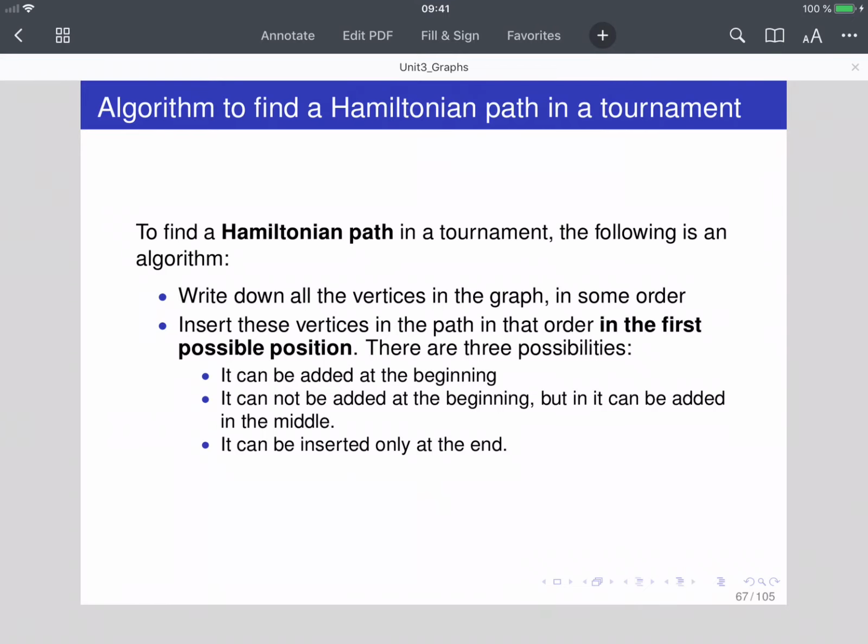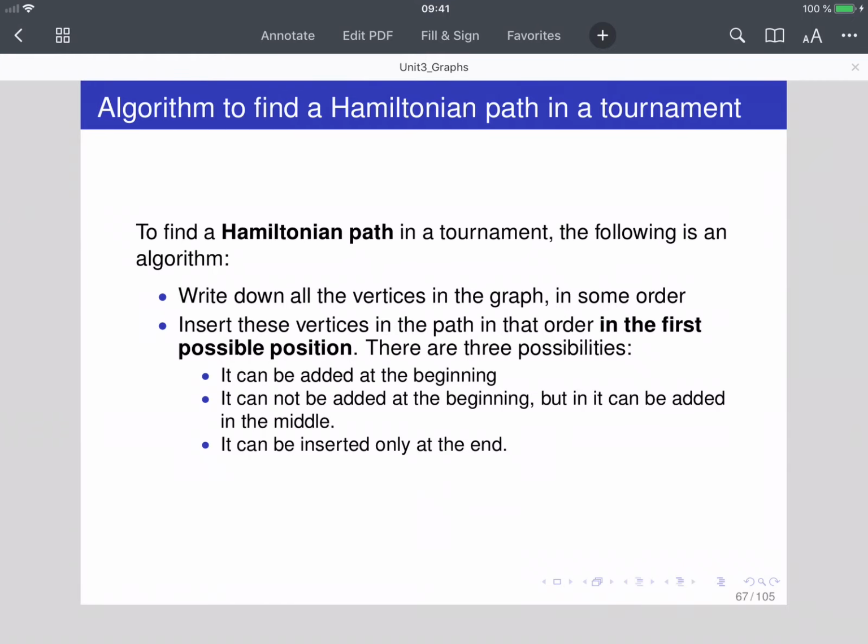And we try to insert it in the first possible position depending on the vertices that we have already included in the path. Okay? And we will see that we have 3 different possibilities.